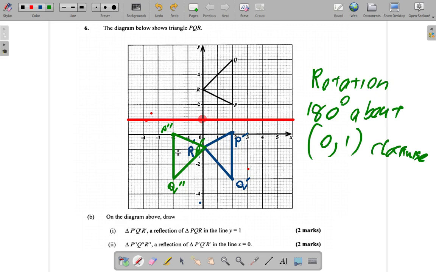Alright, that went from the original to the latest triangle, but you could rotate the latest triangle around the point 0, 1 to make it map onto triangle PQR, the original triangle.